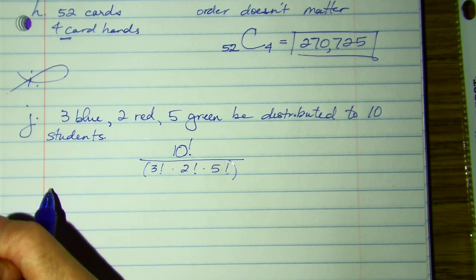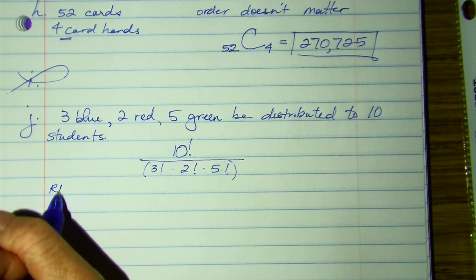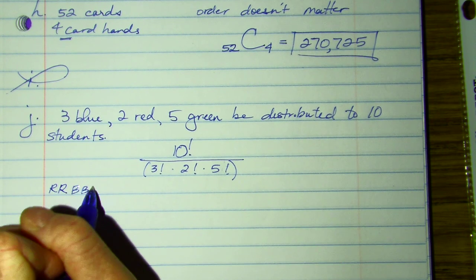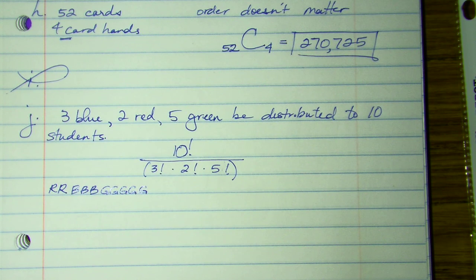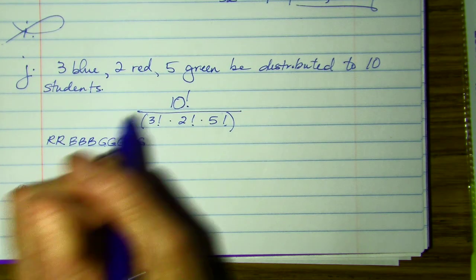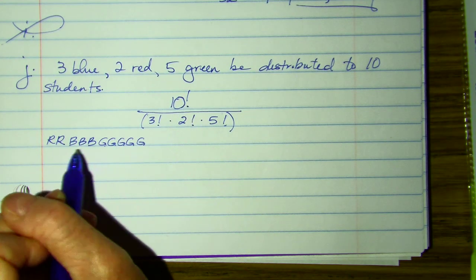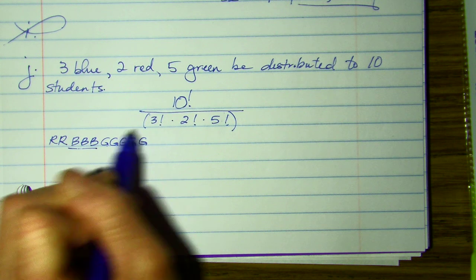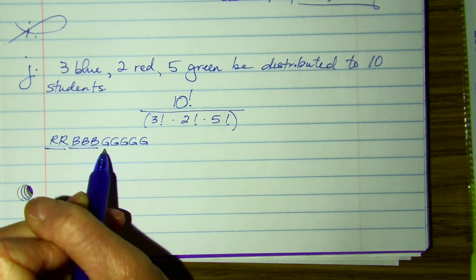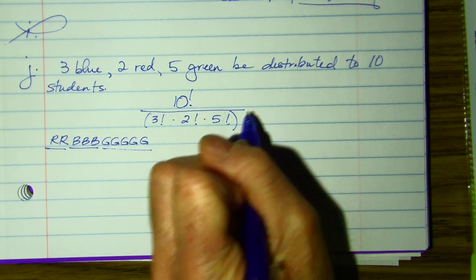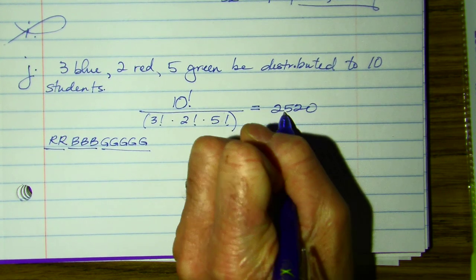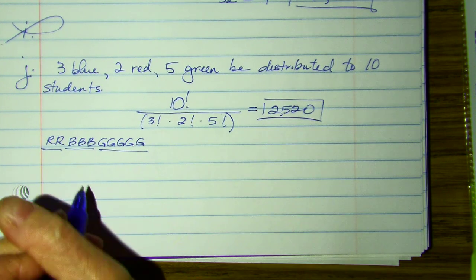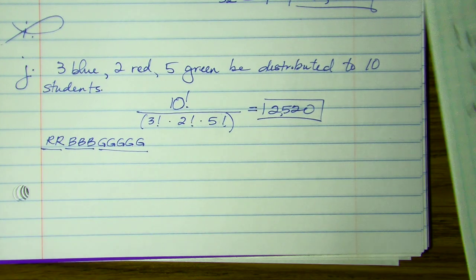Now, the reason I set it up this way is because I have 2 red, I have 3 blue, and I have 5 green. So when you write it that way, maybe it's easier to see that I have a total of 10, but these 3 are repeated, these 2 are repeated, and these 5 are repeated. So I'm going to enter this, and I got 2,520 ways that markers can be distributed. That is the end for that video.